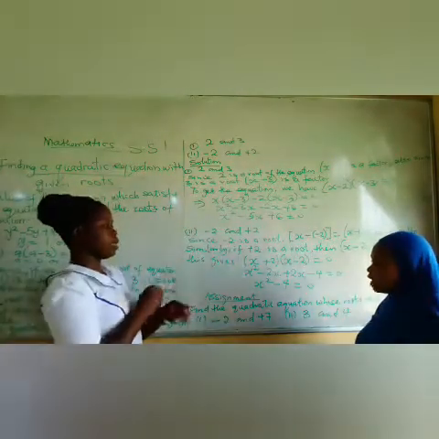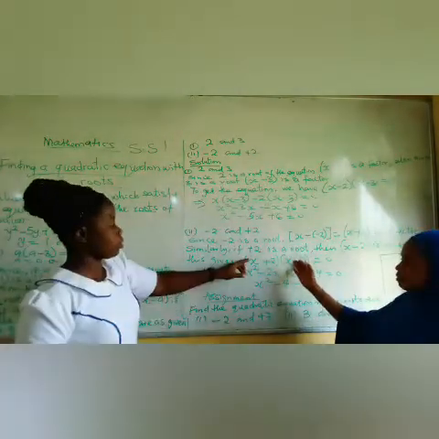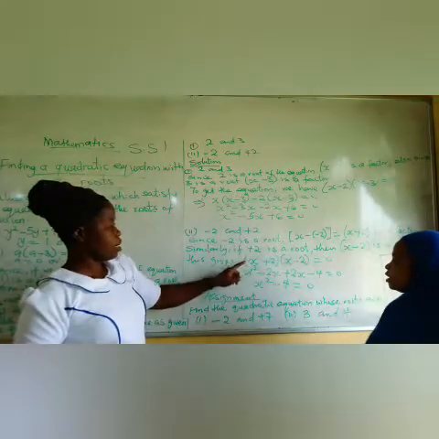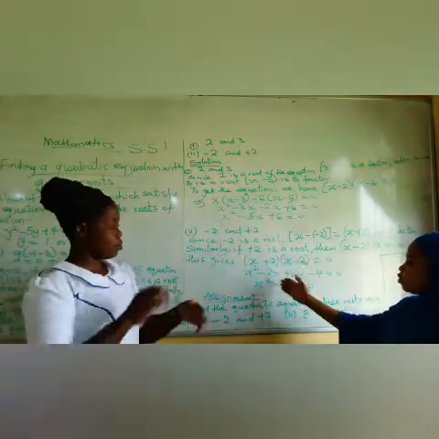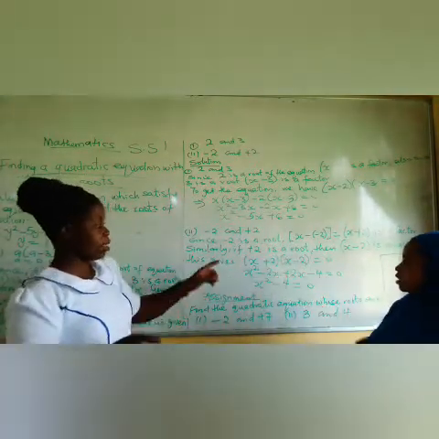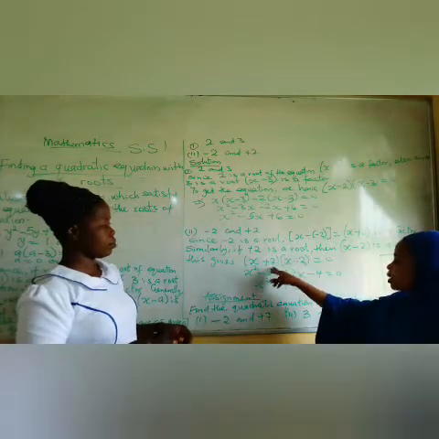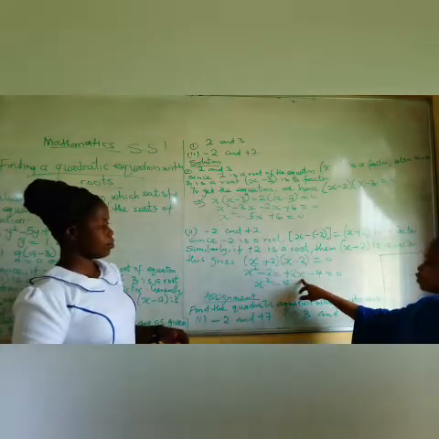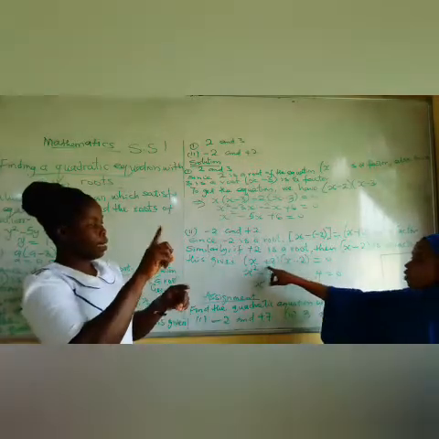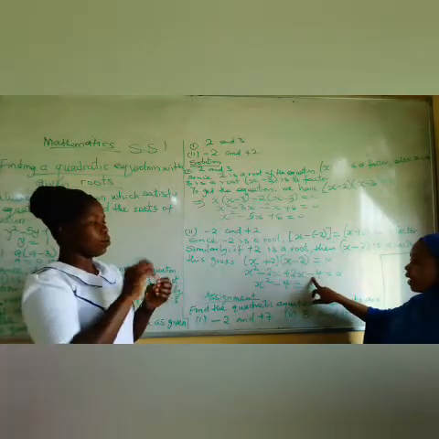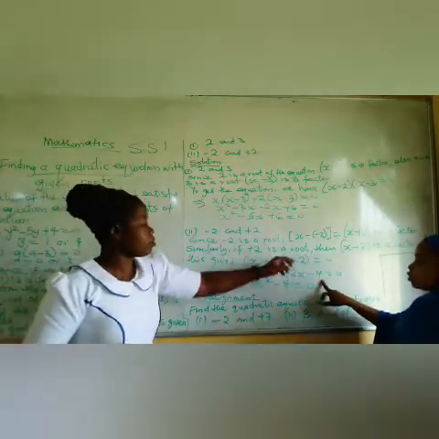Just multiply it out. x times x will give us x squared. x times minus 2 will give us minus 2x. Plus 2 times x will give us plus 2x. Now we have plus times minus is equal to minus, then 2 times 2 is equal to 4.